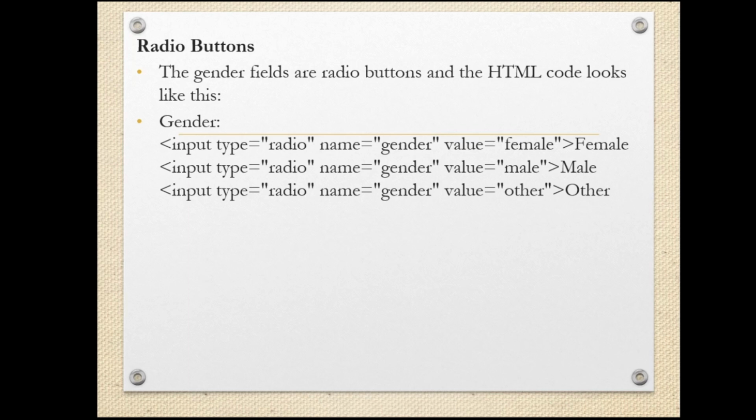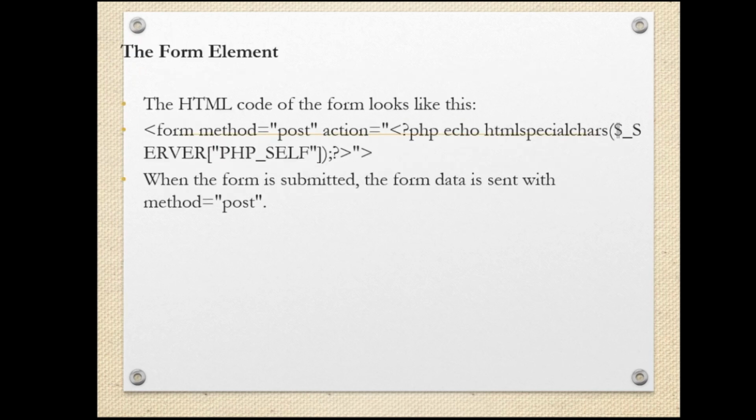Next one, we have the radio button. The gender fields are radio buttons and the HTML code looks like: gender, input type equal to radio, name equal to gender, value equal to female; again input type equal to radio, name equal to gender, value male; and the next one is input type equal to radio, name equal to gender, and value equal to other.